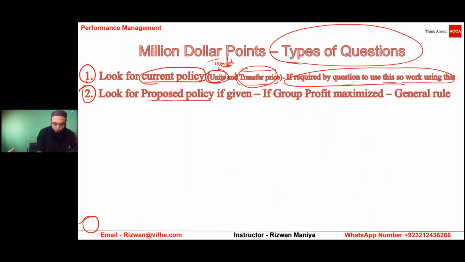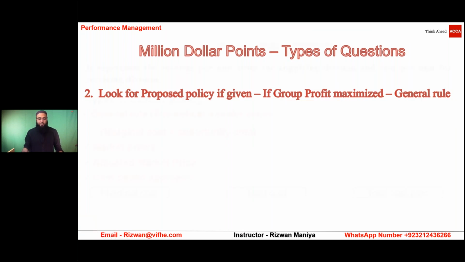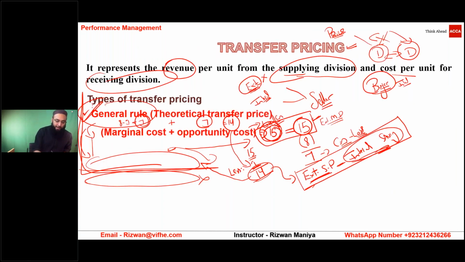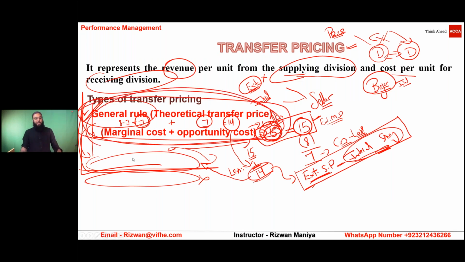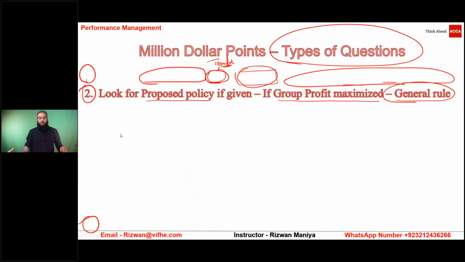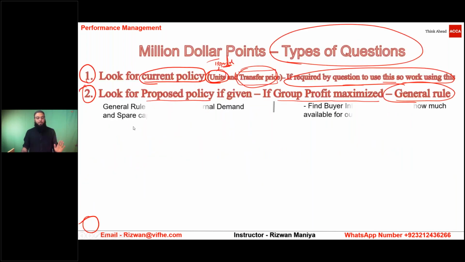So now, if you have to use general rule, come to Rizwan Mania's magical things. Look for the proposed policy. If the proposed policy is to maximize group profits, then use general rule. For this general rule, I have devised a really easy to remember system for you.